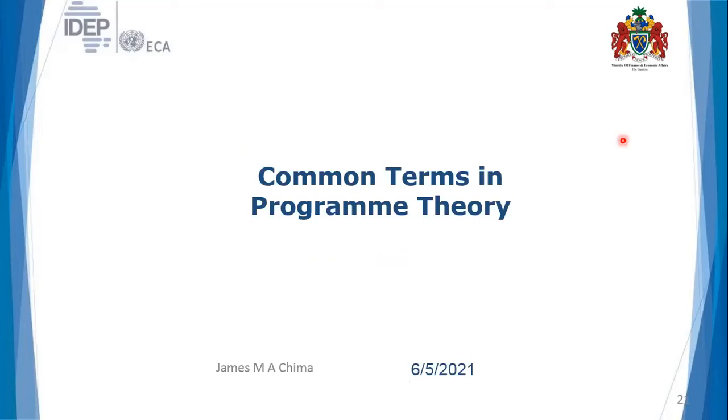What are the common terms in program theory? Let us look at some common terms in program theory, which will be instrumental as we flow among the modules that we have.